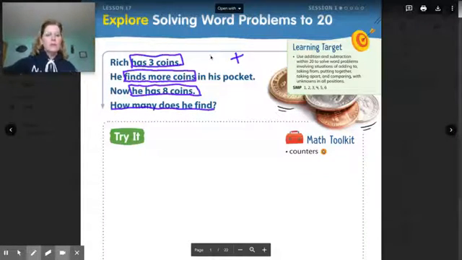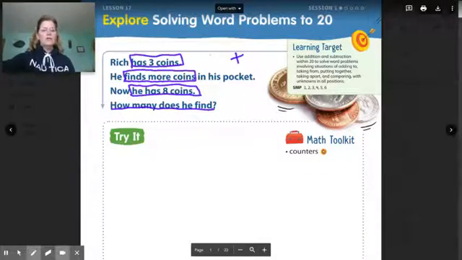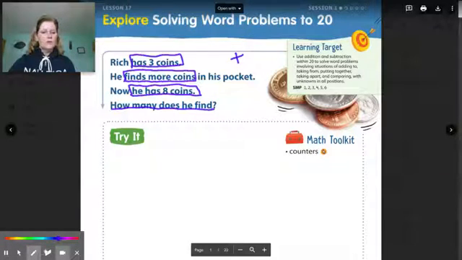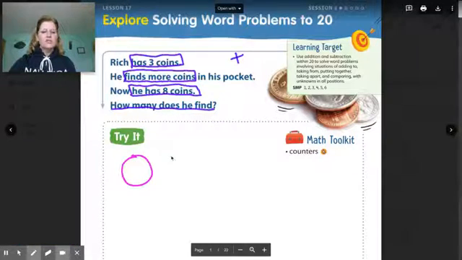So let's write down what we know. You can use your whiteboard if you want to, or we can just write it down, but we're going to do this one together. So Rich has 3 coins. I wish I had a brown marker because that would be a good coin color. So Rich has 3 coins. And then he finds some more coins.